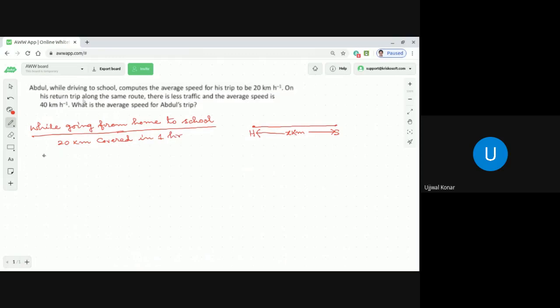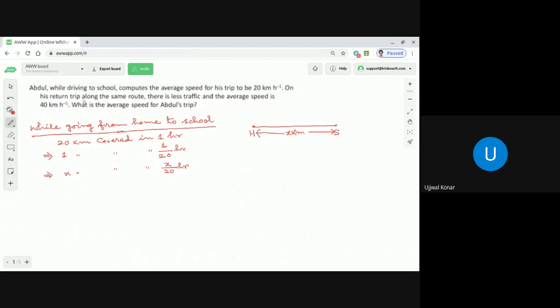This implies 1 kilometer covered in 1 by 20 hours. And that implies x kilometer covered in x by 20 hours. Correct? So while going, the amount of time Abdul took is x by 20 hours.